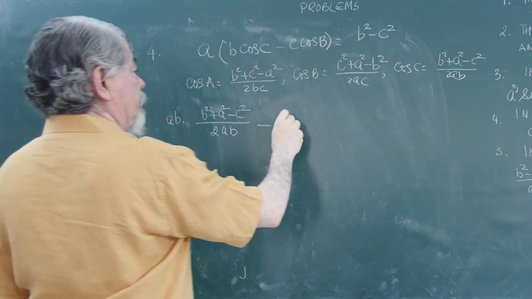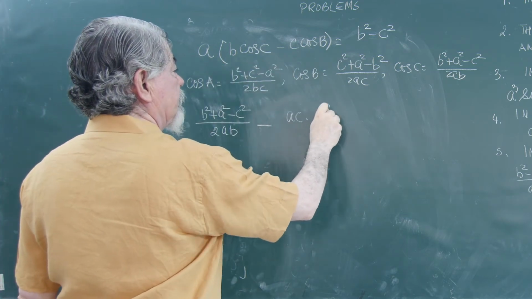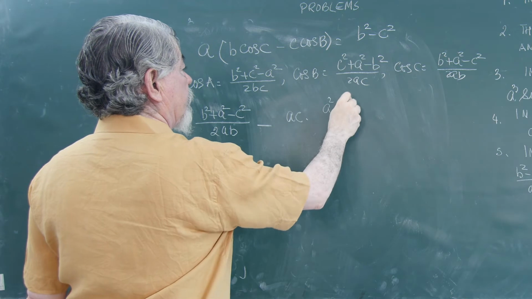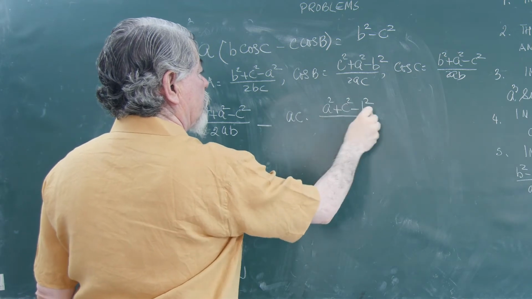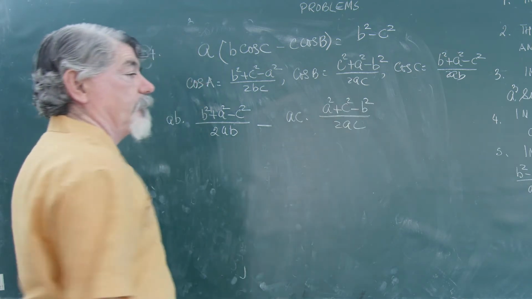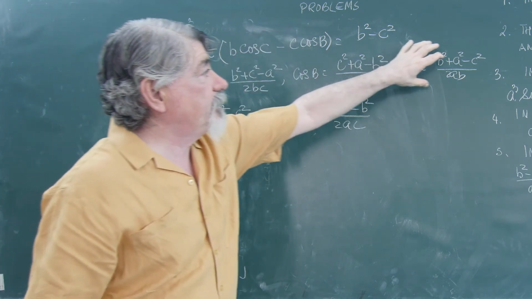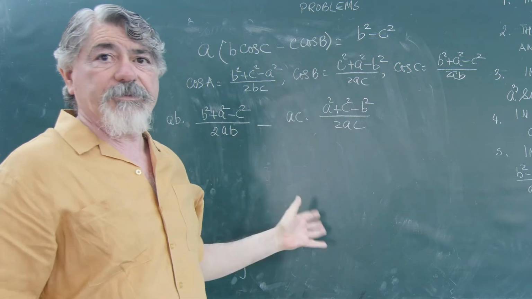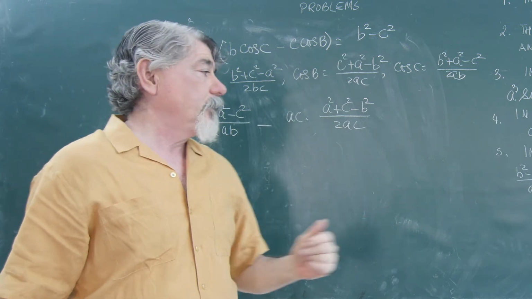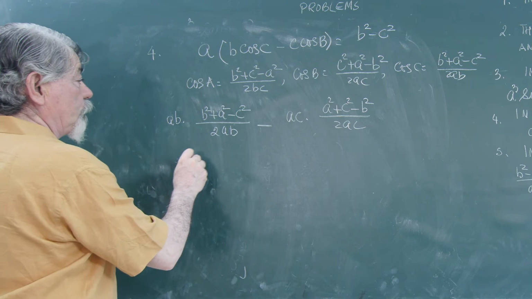Minus a into c, ac, cos B means a square plus c square minus b square upon 2ac. We are just substituting the values of cos C and cos B.